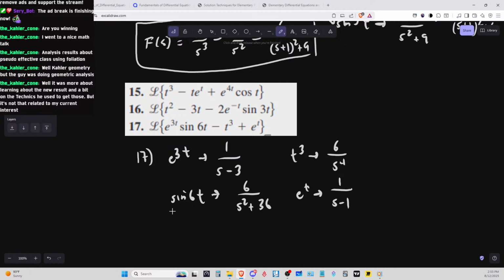So altogether, oh, we have to combine these two. I don't want to forget that part. That's the most important part.